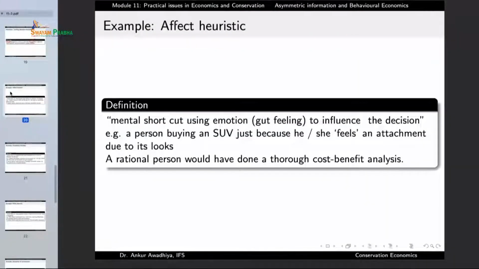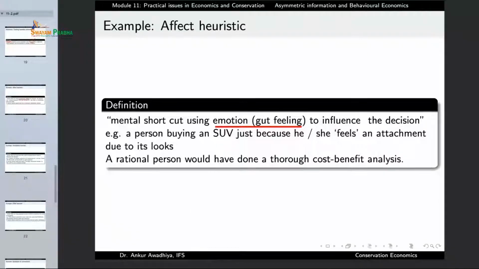Example, things like affect heuristic. Affect is emotion. So, affect heuristic is a rule of thumb that is based on emotions. It is a mental shortcut using emotion or gut feeling to influence a decision. So you are not doing the computation, you are just using your emotion or gut feeling to make a decision. Such as a person buying an SUV just because he or she feels an attachment due to its look.